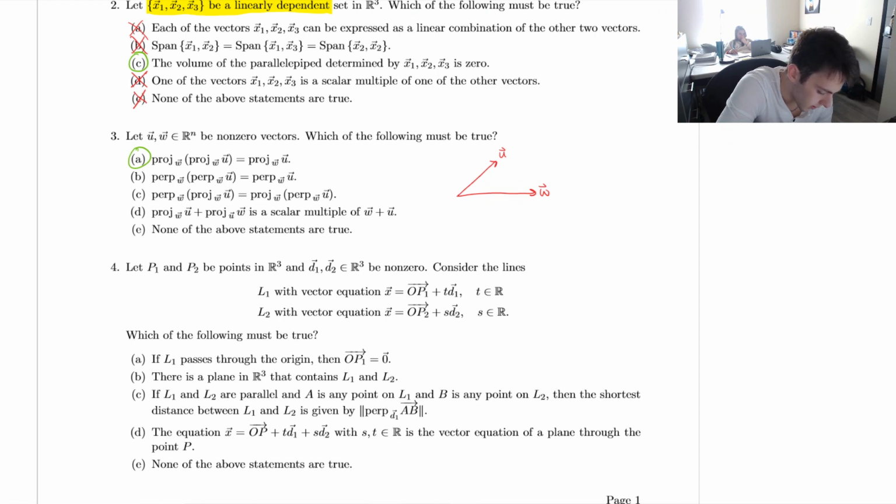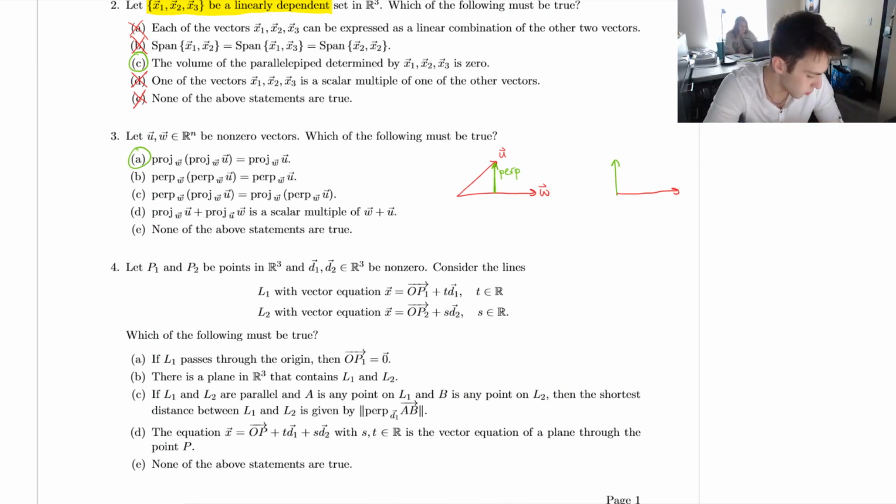We know that will be this green arrow here. And I'll just write it as perp. So if we were to take that perp onto W, we've got this green vector onto W.